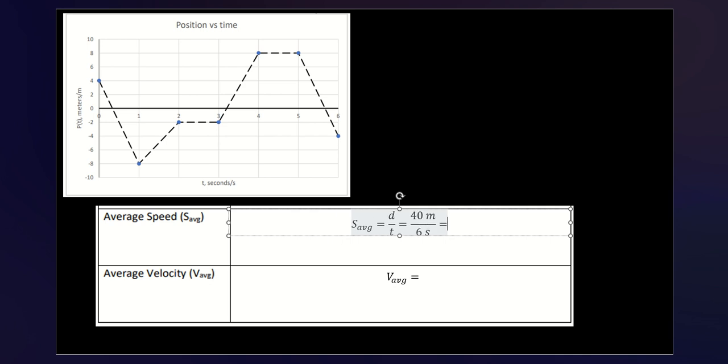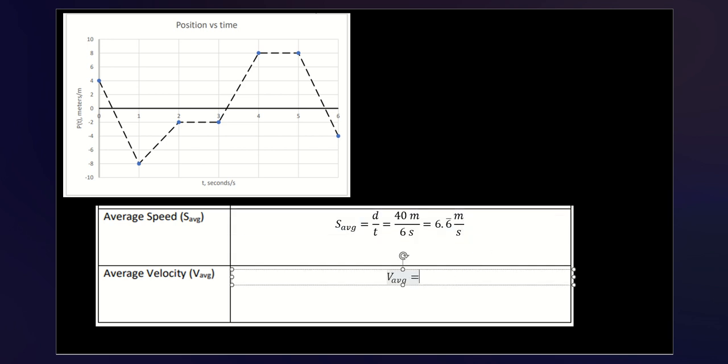Now, 40 divided by 6, what that's going to end up being is 6.6, where the 6 repeats. And we're going to, of course, have that in units of meters per second. Just like distance is a scalar and does not have a direction, speed will not have a direction. We'll just leave it without a sign. So 6.66 repeating meters per second.